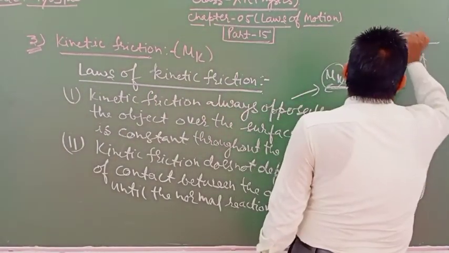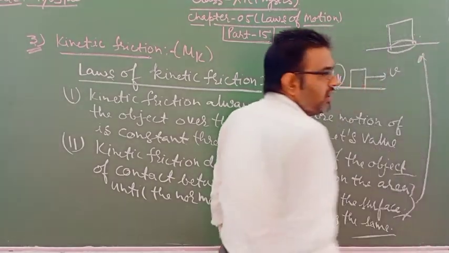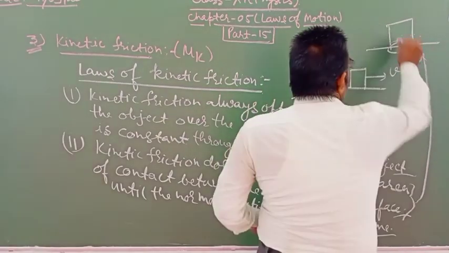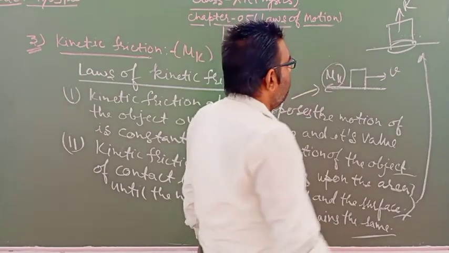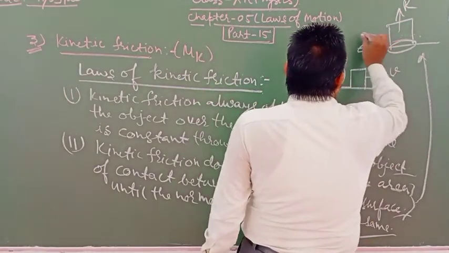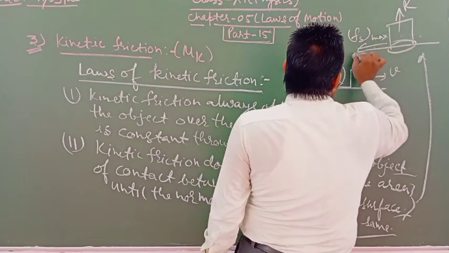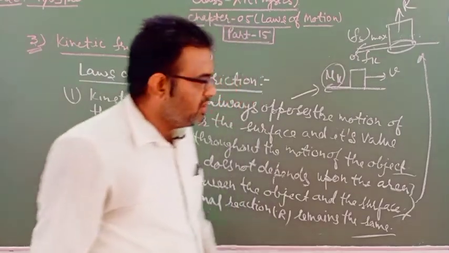Suppose there is the object and this is the area of contact. If the area of contact is increased or decreased but the normal reaction remains the same, then in that case Fs max or Fk always remains the same.